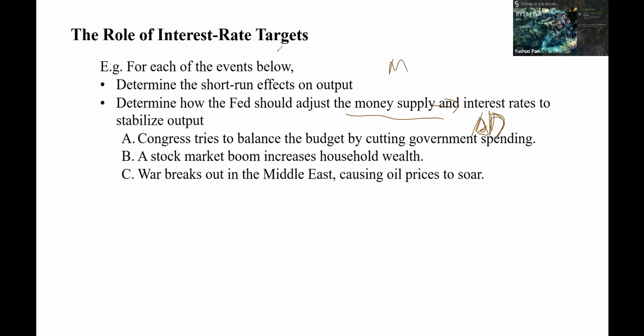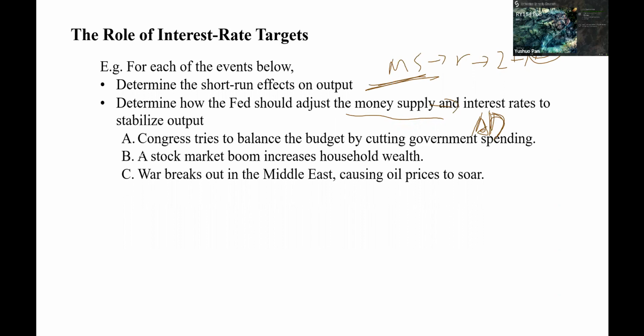So money supply determines R, determines I, and determines AD. The only aim for the Fed to change the money supply is to adjust aggregate demand. So let's see these three events.